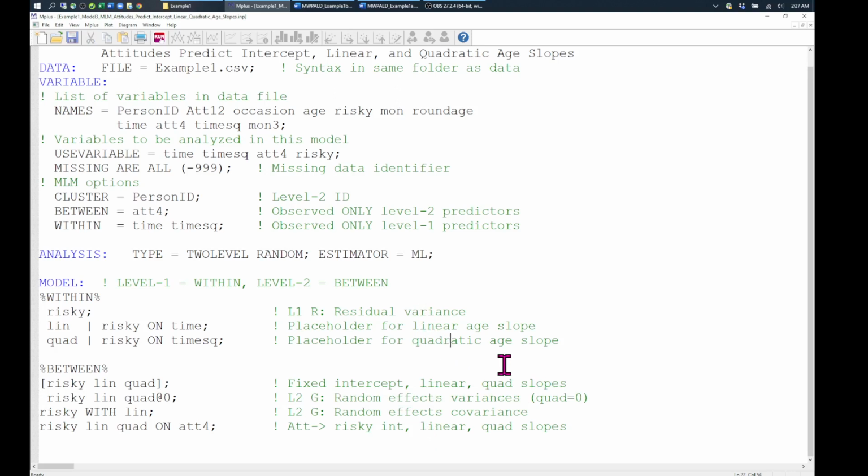Yes? Just because the first line with the bracket, is this one of these extra writing lines? Which one? I've never seen it. The brackets? Yeah, and I do these analyses all the time in Mplus, so I wonder if this is... Yes, quite possibly. Okay, just to make sure. If I remember correctly, when you define a placeholder level 2 variable, it automatically gets a fixed effect and it automatically gets a random effect variance.